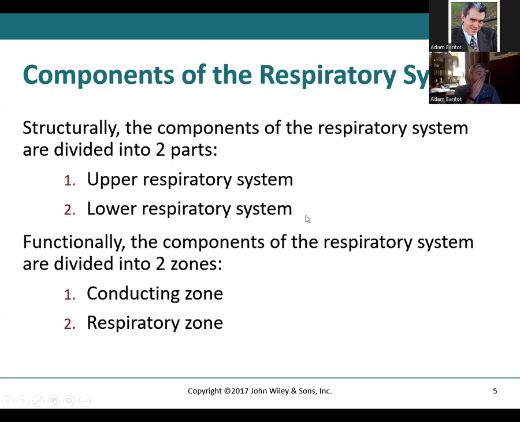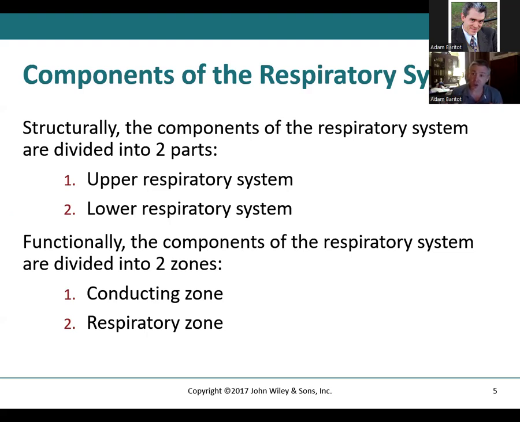Structurally, the components of the respiratory system are divided into two parts. We have an upper and a lower respiratory system. Functionally, those components are divided into two zones, a conducting zone and a respiratory zone. The upper respiratory system can be called a conducting zone, as it will draw the atmosphere into our body, into our throat, and down towards our lungs.